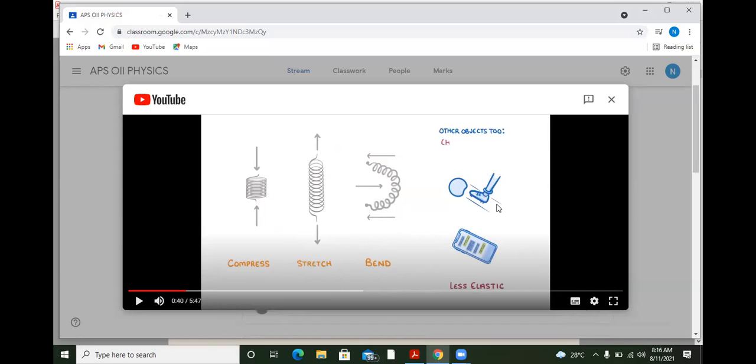But other objects are less elastic, right? So it is harder to notice if there is any change in shape or any change in size of the object when we apply a force on it.